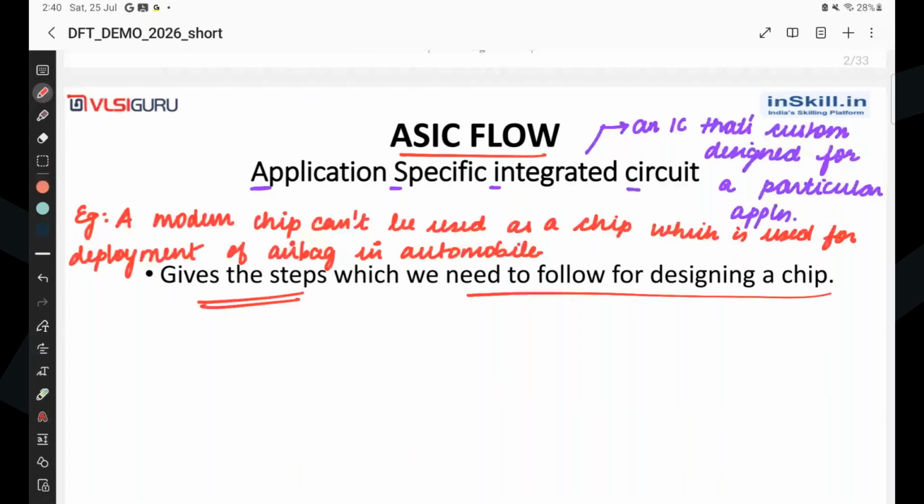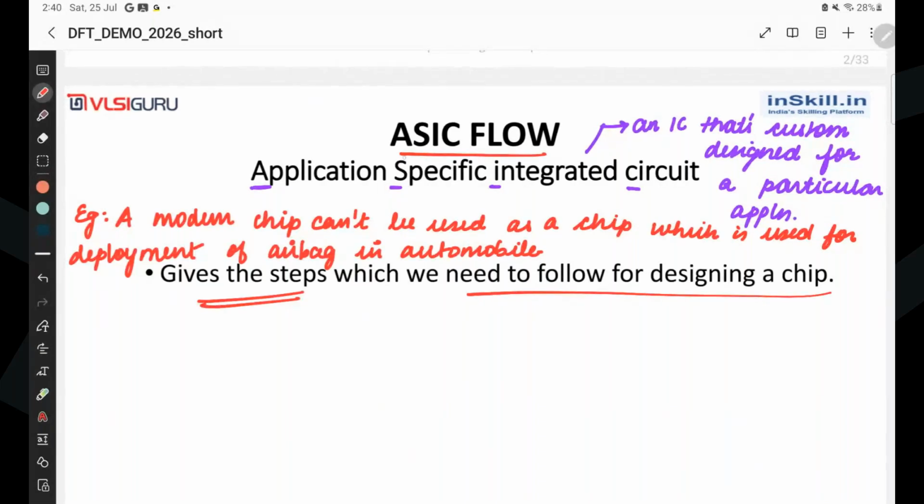No, ma'am, your screen looks good. Okay, so I think Kapil, you are facing some issue. Can you log off and re-log in and see? Okay. So yeah, now let's continue.